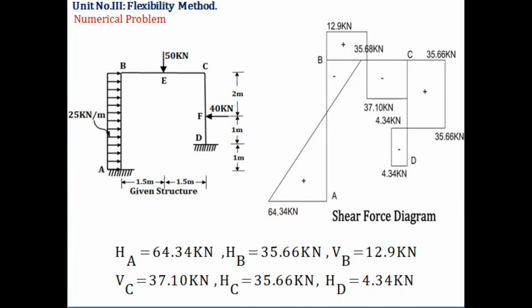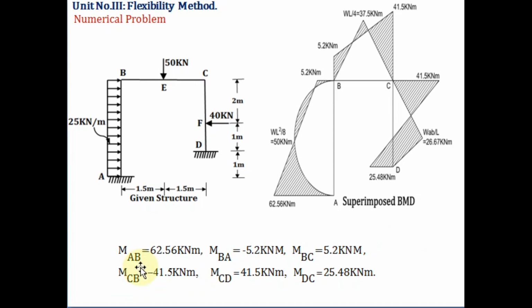So after drawing the shear force diagram, the last step is to draw the bending moment diagram. Okay. Now for the bending moment diagram, we have already calculated the moments in members AB, BA and the respective members of the given frame. Moment in member AB is 62.56. We know the sign convention: anti-clockwise is plus, and clockwise is minus.